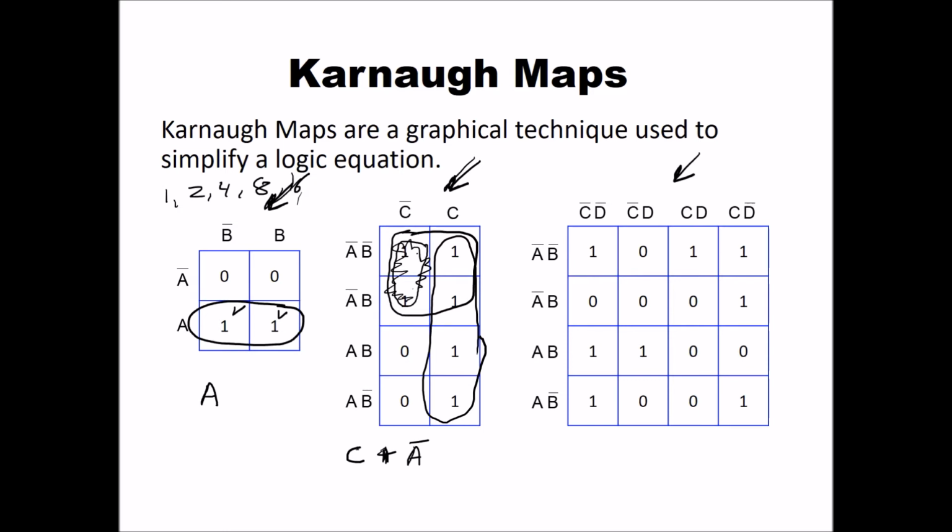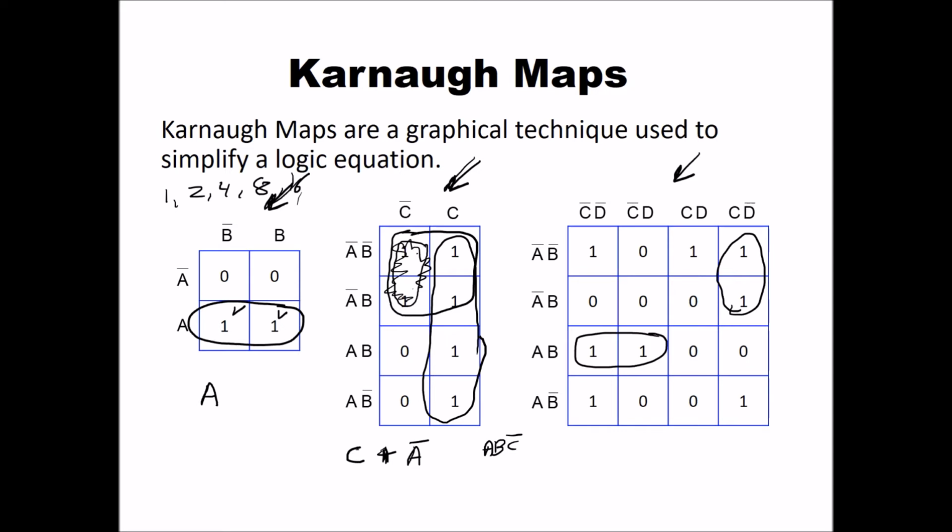All right, let's go to the next one here. Let's see. I can circle this one with this. Sometimes it's easiest to start with ones that you can only circle with somebody else. So the name of this group is A, B, not C. All right. I can do this one with the guy above it.